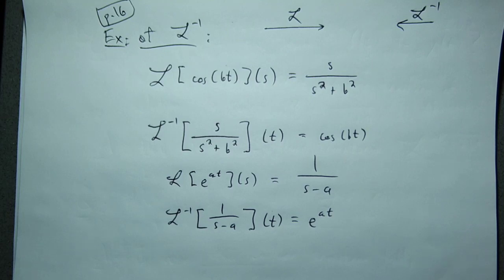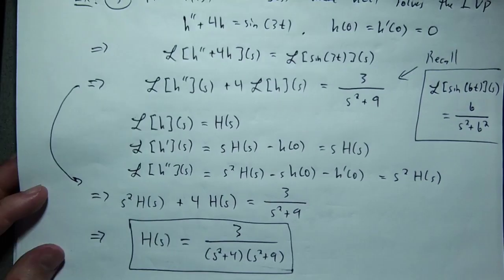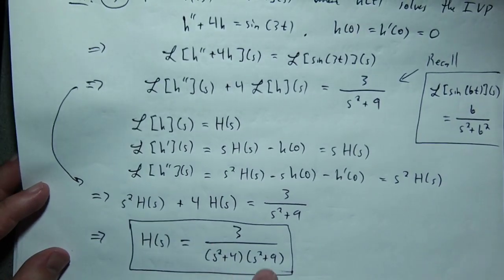So, how does this help? And why would this process be anything other than straightforward? Here's what can happen. I'm just going to jump ahead a bit and refer to this last example I did. In this last example, I have a big H of s that looks like this.